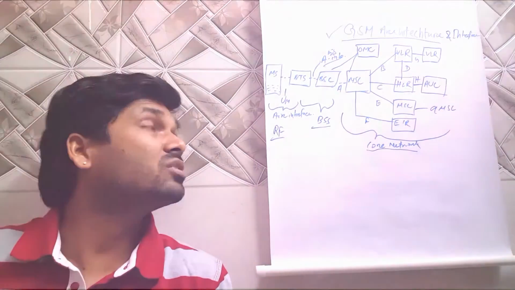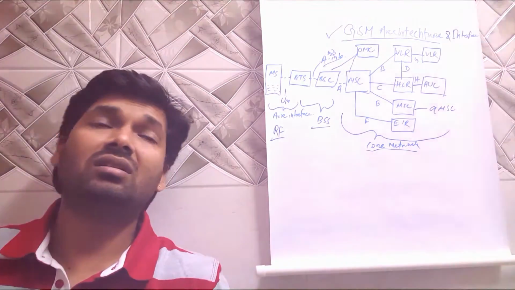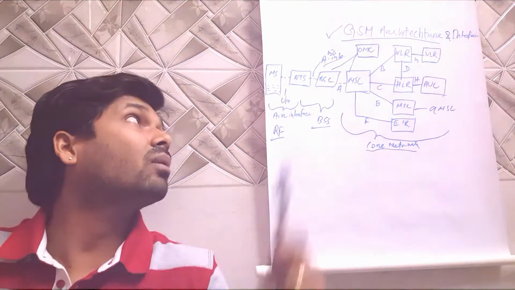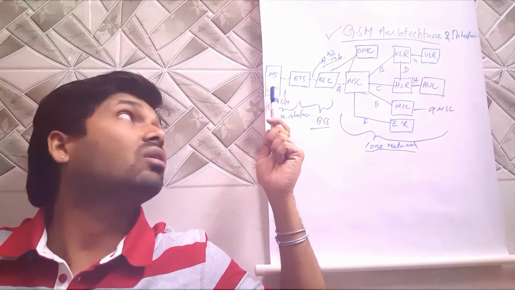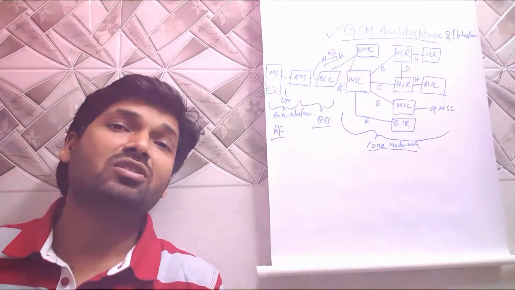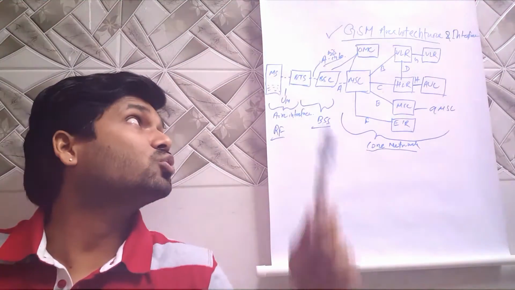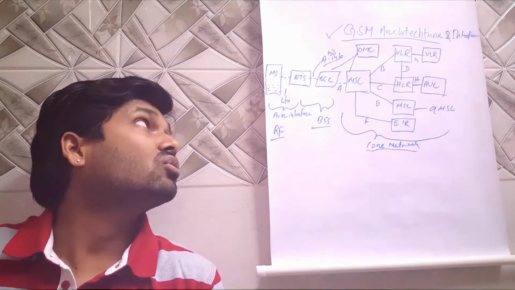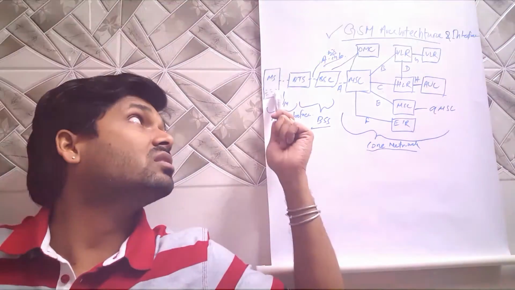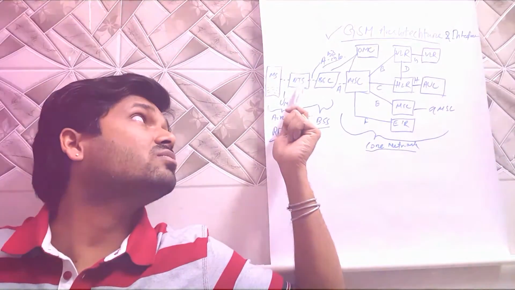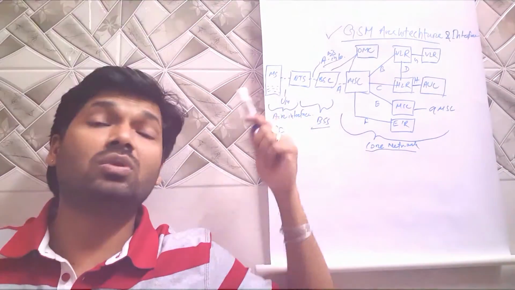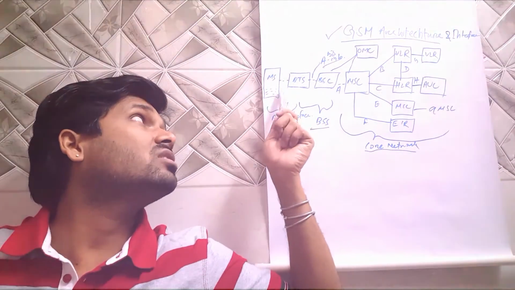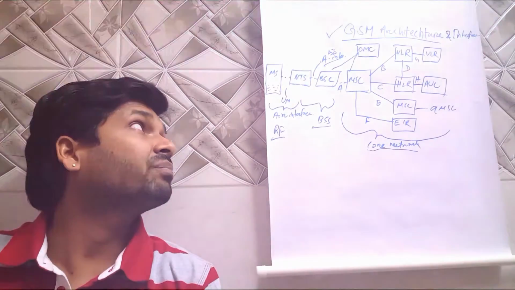Because it has a transmitter and receiver combined in this network element, which transmits and receives the information from the MS, and the MS also receives and transmits the information to the BTS via uplink and downlink. The uplink is from mobile station to BTS, and the downlink is the communication from BTS towards the mobile station. So that's all about the BTS, the mobile station and the interface.